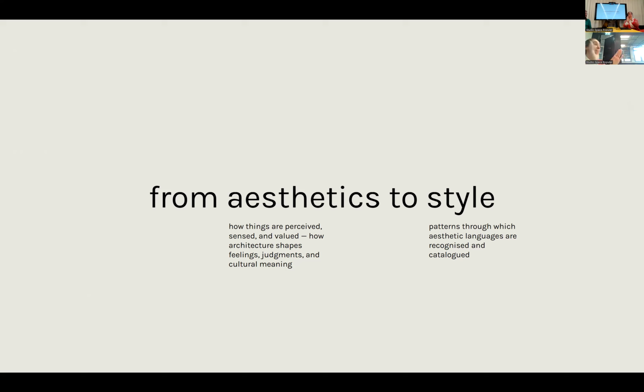We are constantly looking for things we know. We are constantly looking for shortcuts, not consciously, completely unconsciously. Whether we want it or not, we are doing that. So style is the patterns through which aesthetic languages are recognized and cataloged. And this is where we go back to why they were doing these pattern books. For many reasons.